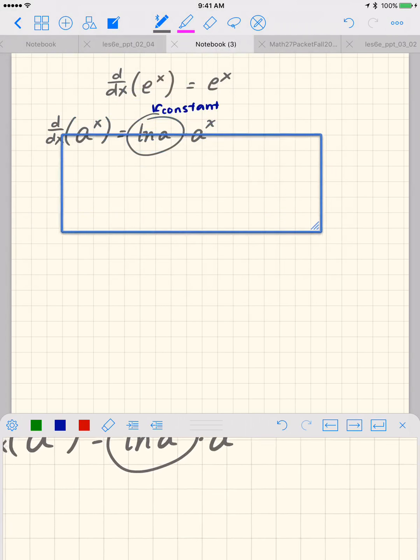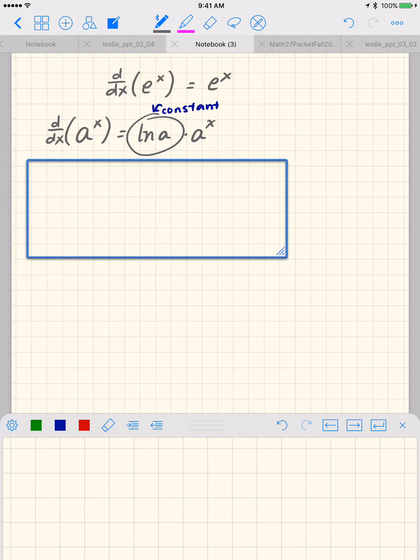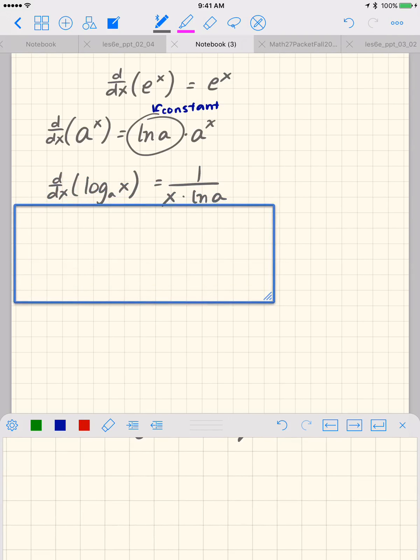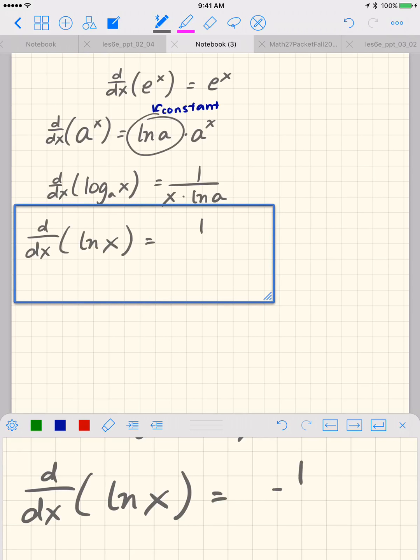And our third one is d dx of log base a of x equals 1 over x times natural log of a. And our fourth one is d dx of natural log of x is equal to 1 over x.